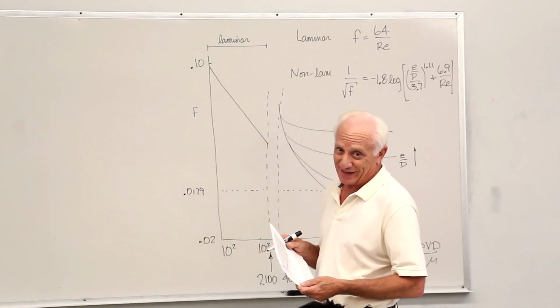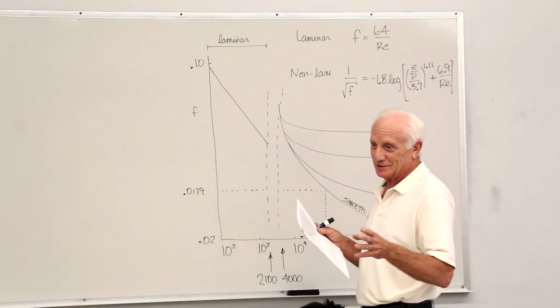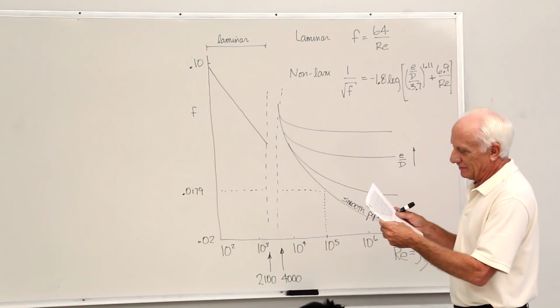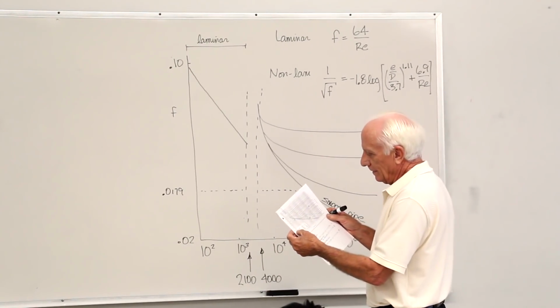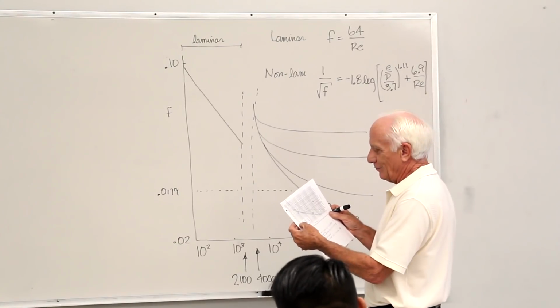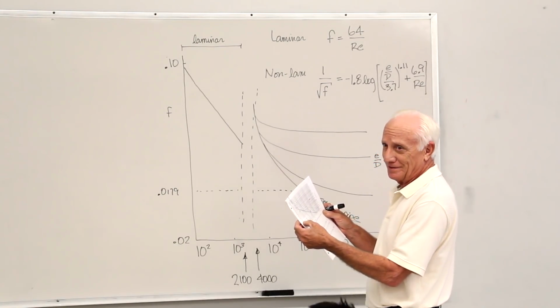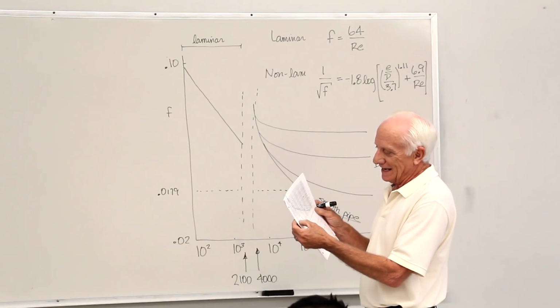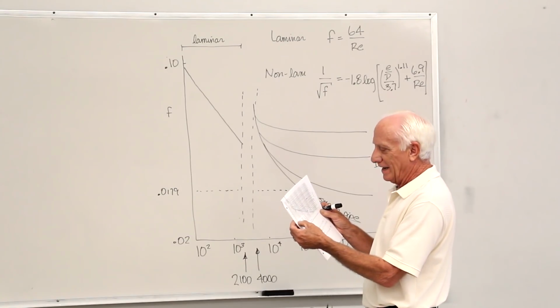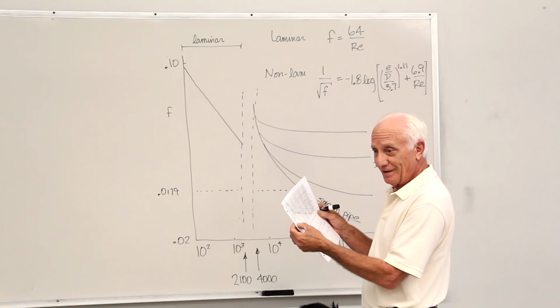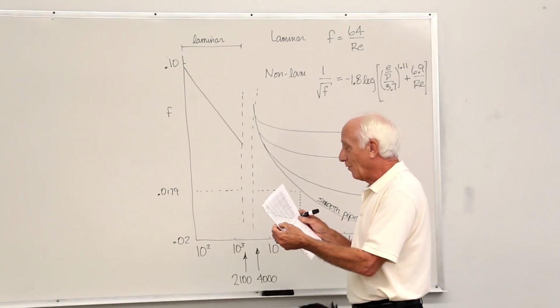Both axes are logarithmic. They can be somewhat difficult to read. You have to be very careful. Can I read 179? Well, if my eyes are really good when I'm reading this. I can see 0.015, 0.016, 0.017, and 0.018.